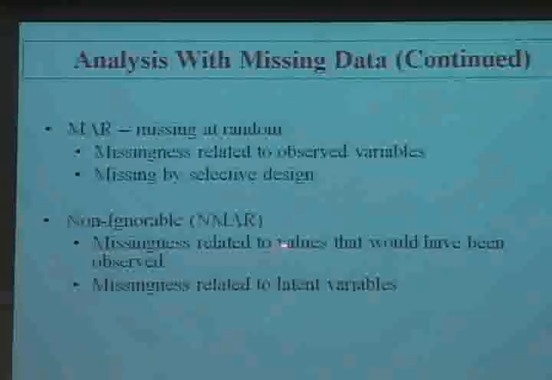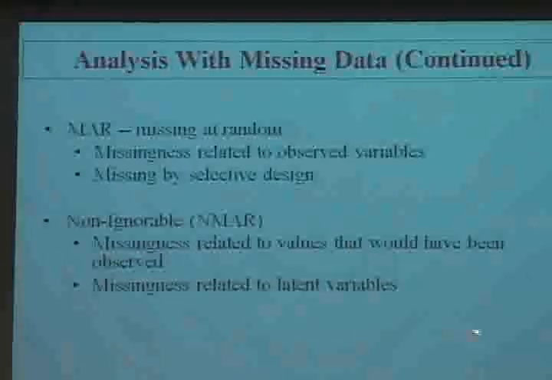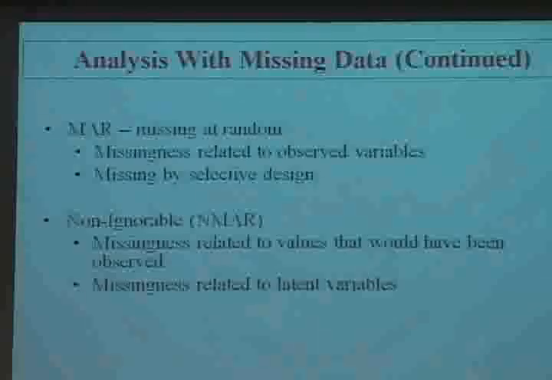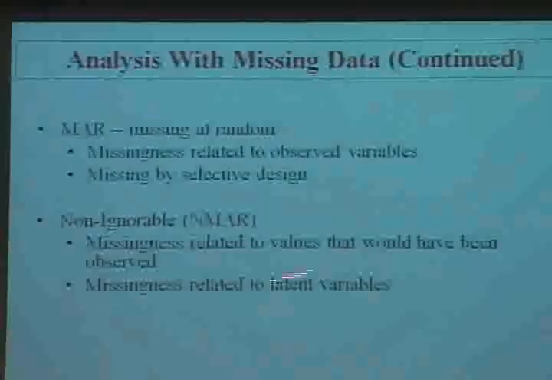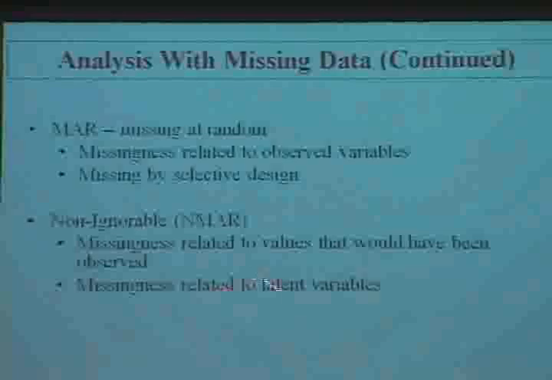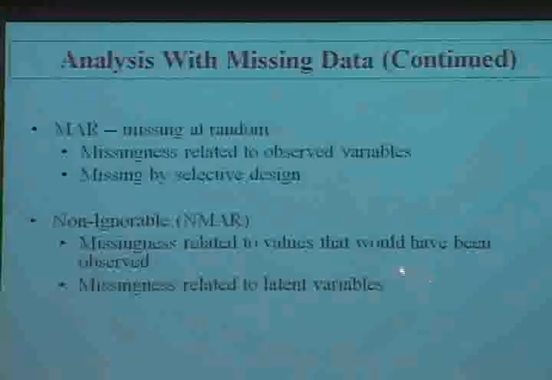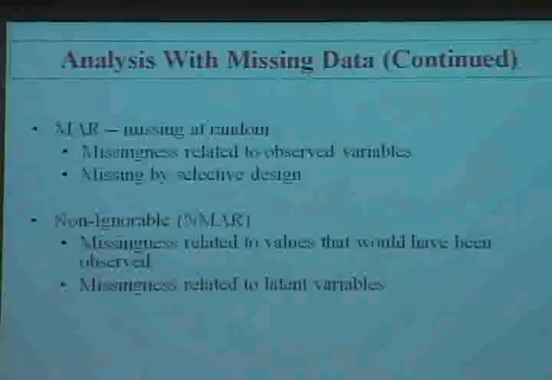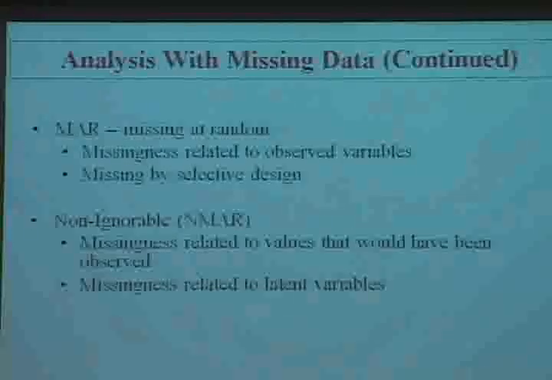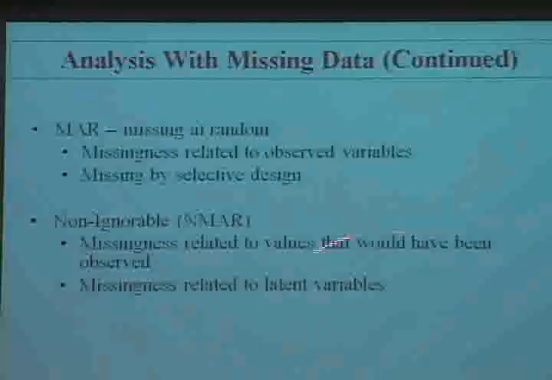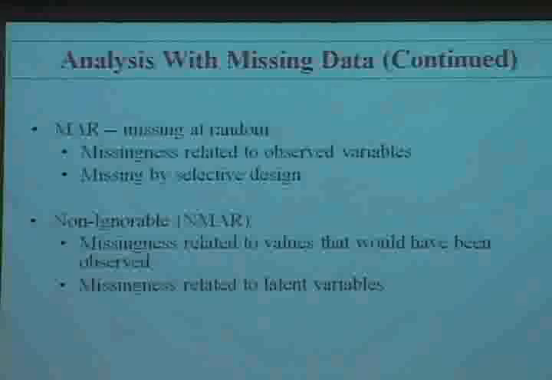But here, the missingness is related to values that are missing. The other possibility is that the missingness is related to latent variables, which are also not observed. And that basically means that this missing data is not MAR.